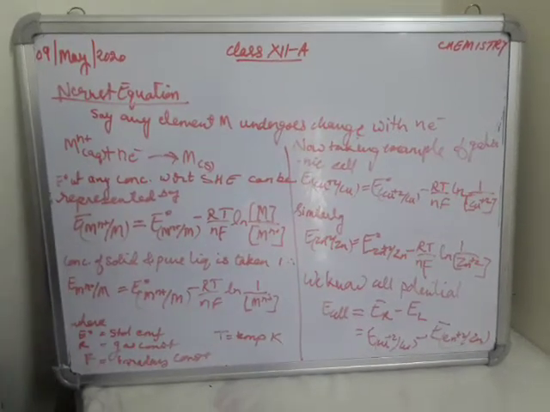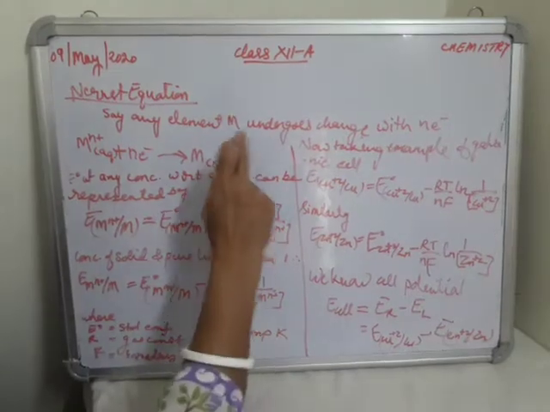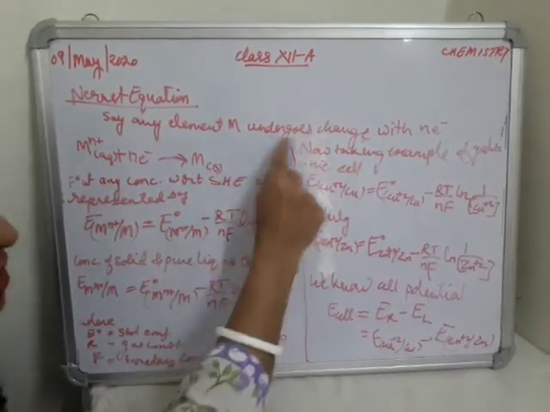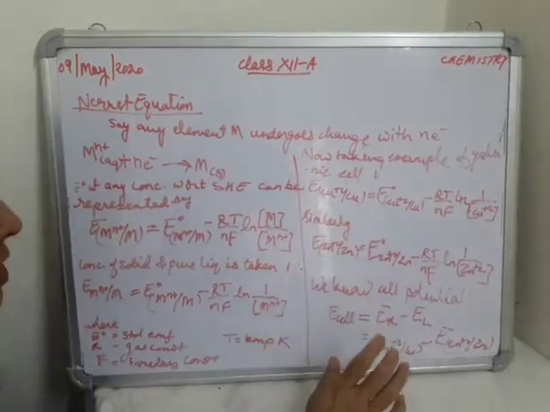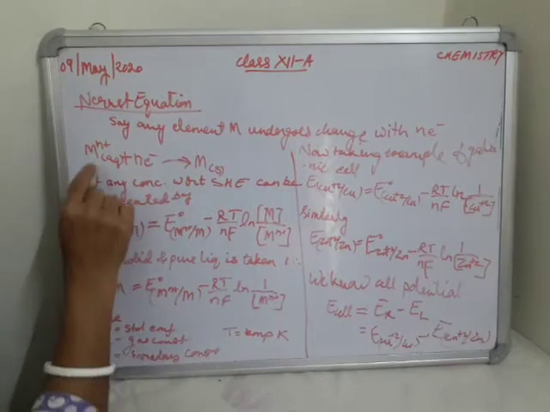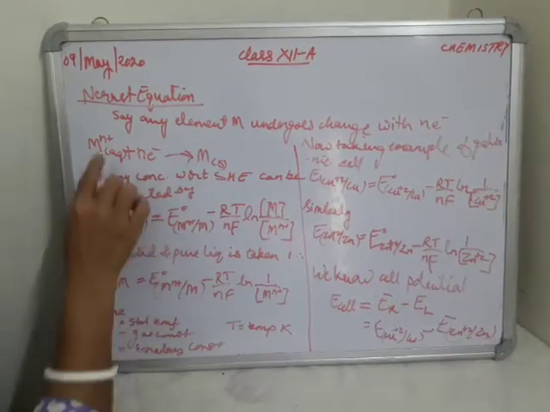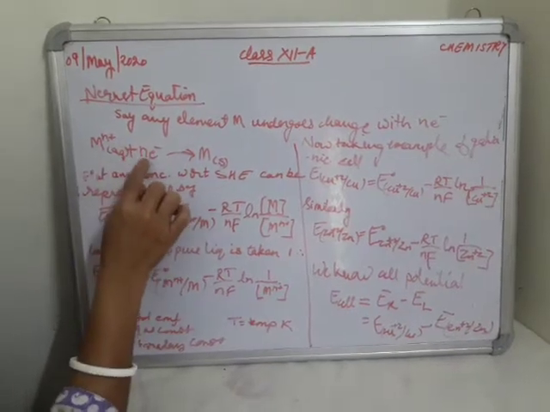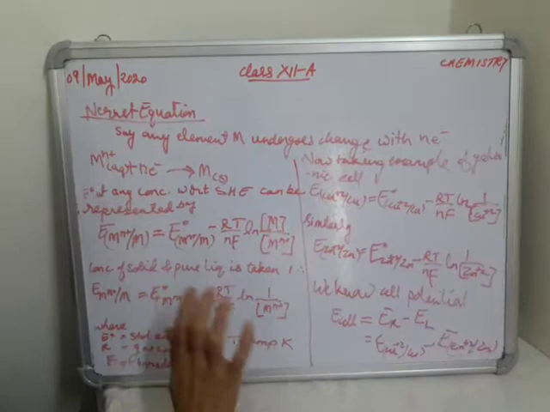So the Nernst equation is here, which will help us out. Say, for example, we have any element M which undergoes a change with electrons, a number of electrons. In a simple way, we can represent it as Mn+, meaning any element having n positive valency, which will absorb n electrons to pass to M in the solid state, that is the reduced phase.